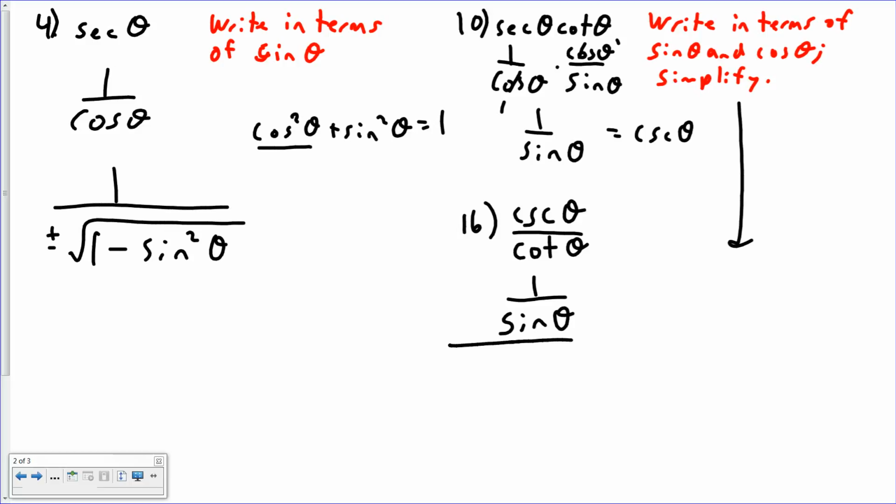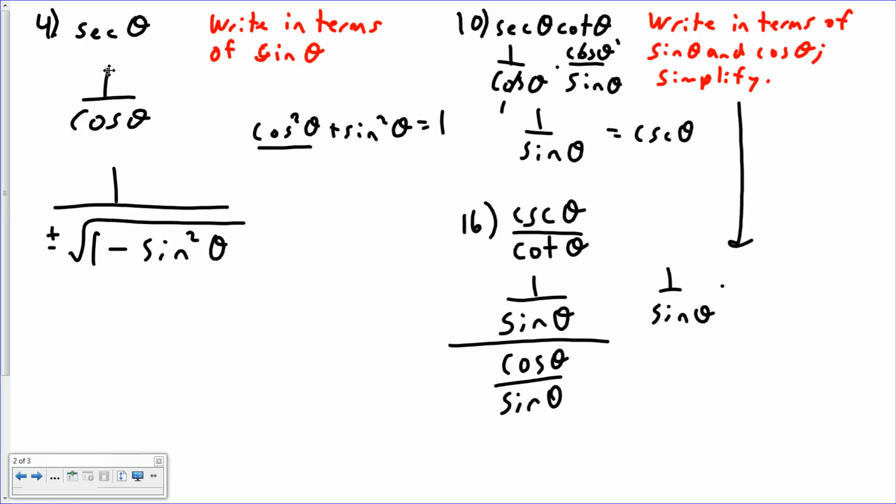And the cotangent theta, I want to choose the right one to help me simplify. Cotangent theta, the ratio identity on your sheets in front of you should have cosine theta over sine theta. Now you have a fraction divided by a fraction, and therefore you can multiply the top and the bottom by sine theta, or you could multiply by the reciprocal. I'll just multiply by the reciprocal.